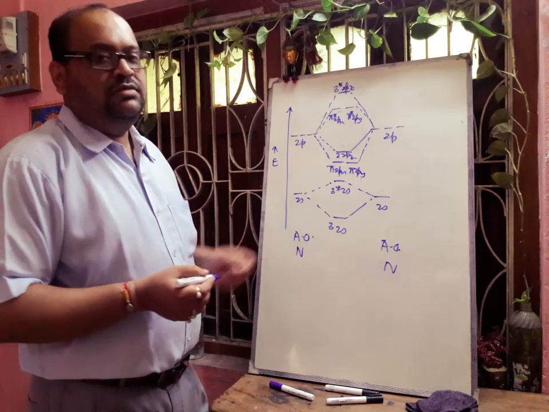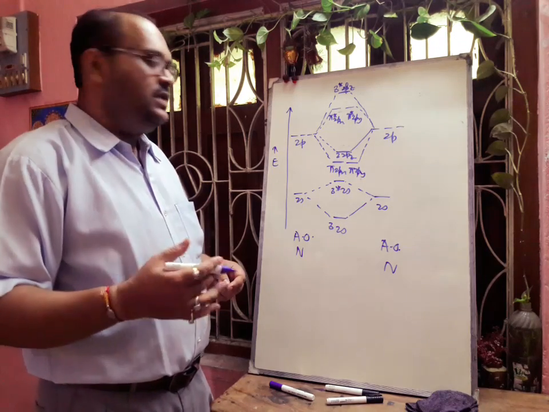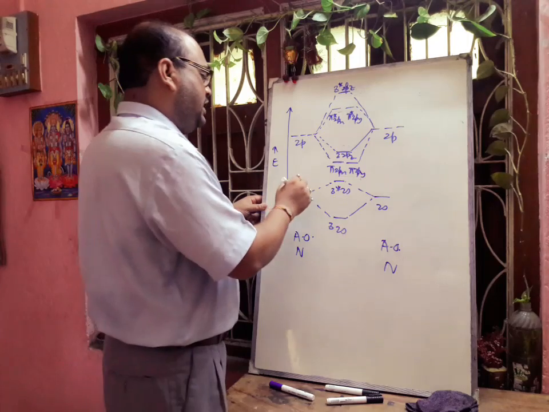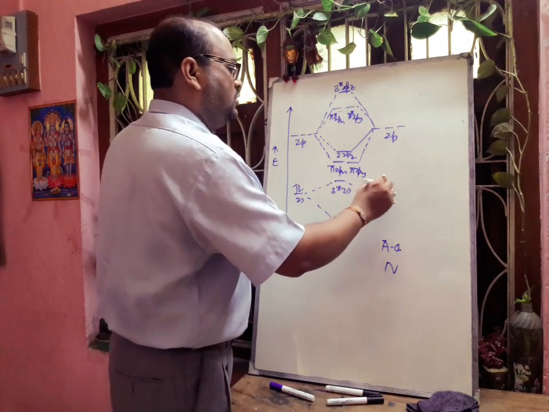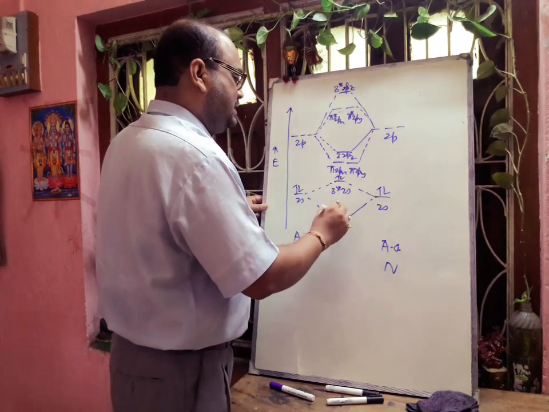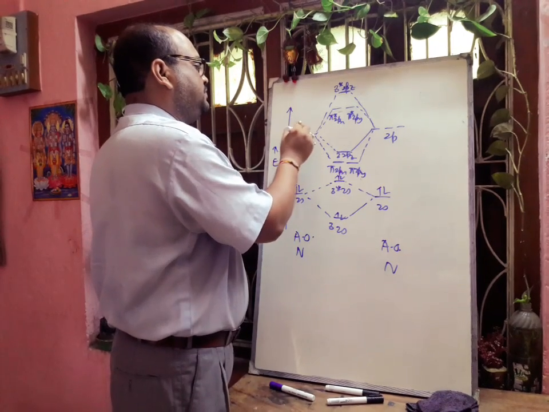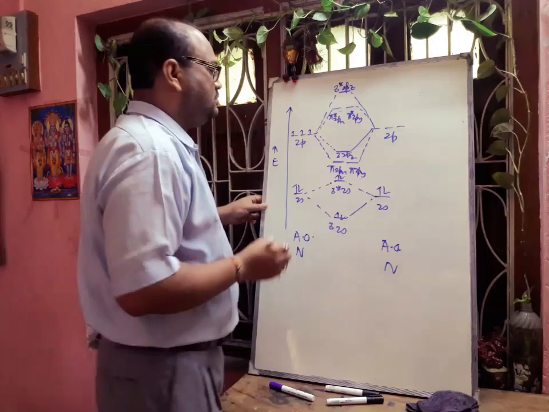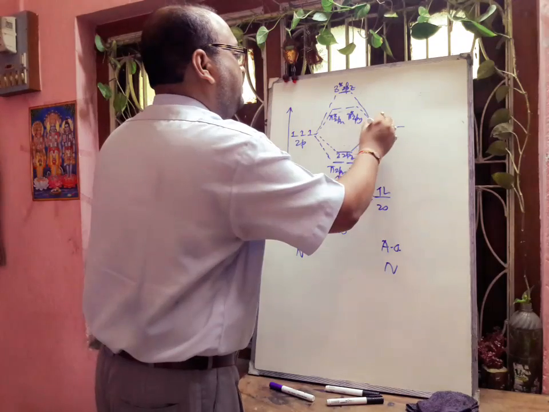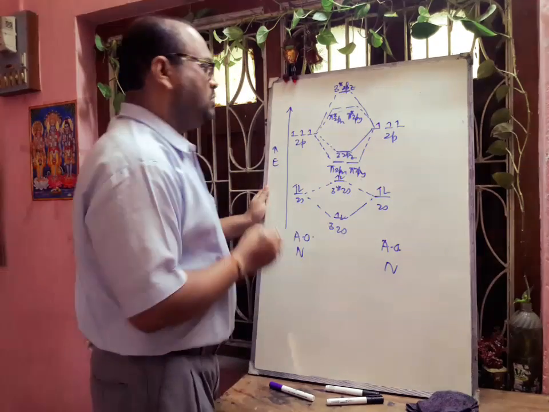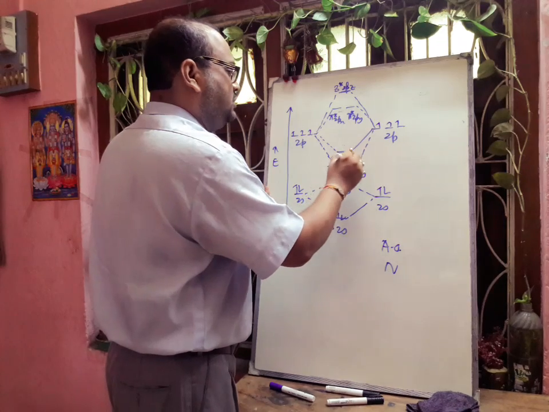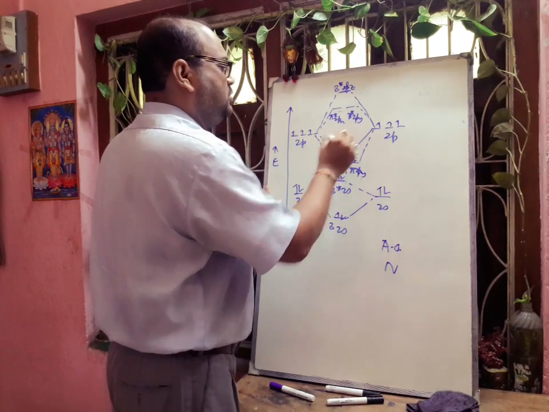Then according to the Aufbau principle and Hund's rule, you have to fill up the electrons. Here 2 electrons are there, and the total number of electrons will be 6, so here 2 electrons, 2 electrons, and here 2 electrons.